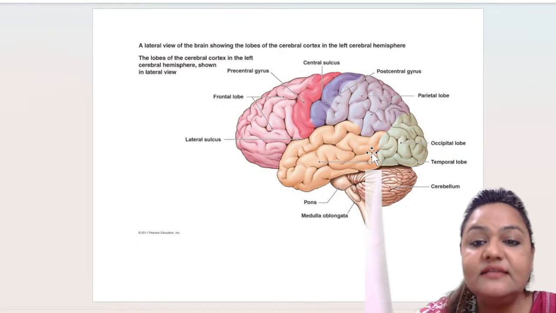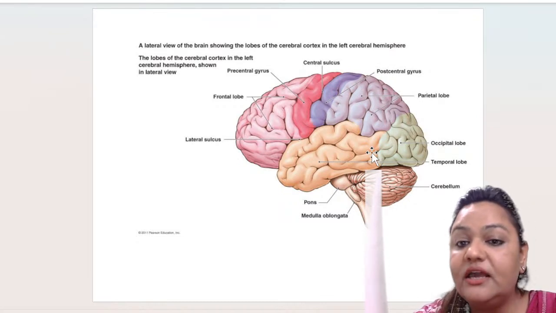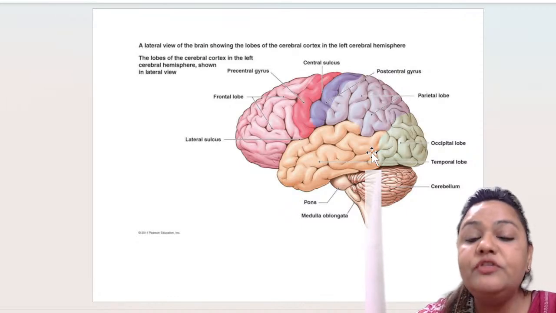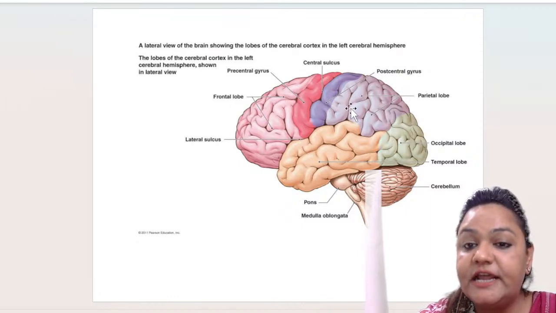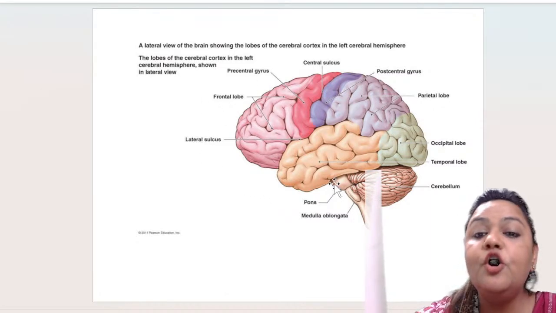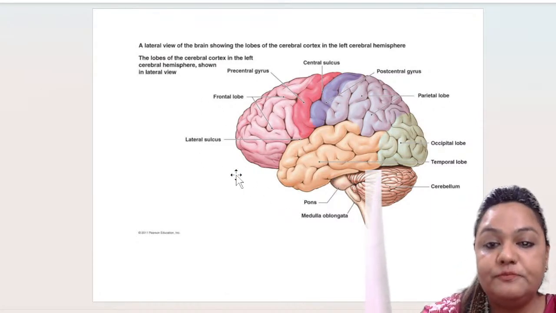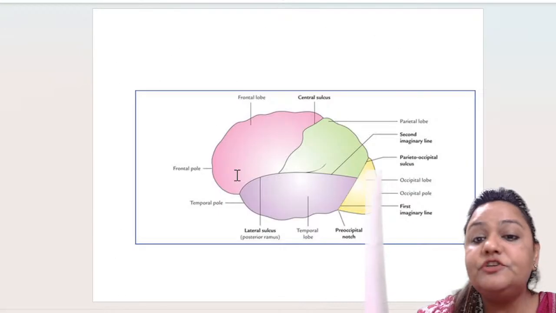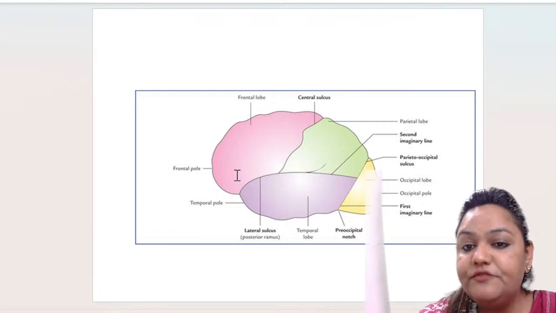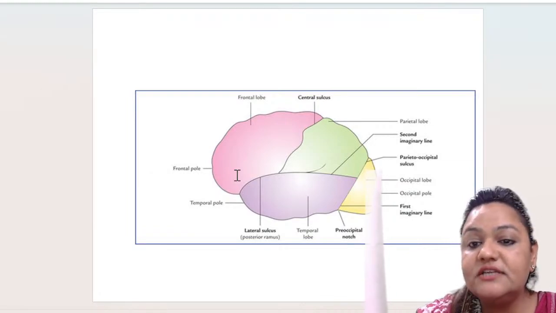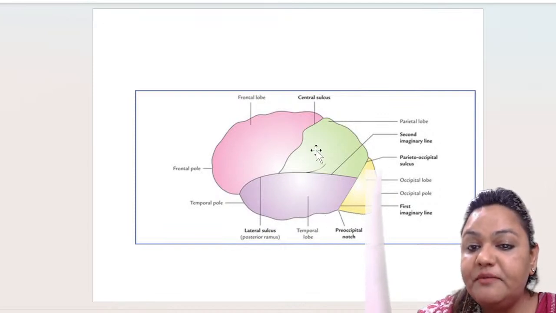So to understand these sulci and gyri on each lobe of the cerebral hemisphere, we should know how these lobes are present here and how we divide each cerebral hemisphere into four parts or four lobes. So here you can see this diagram which is showing the general division of the cerebral hemisphere, and that's how it is divided into four different parts.